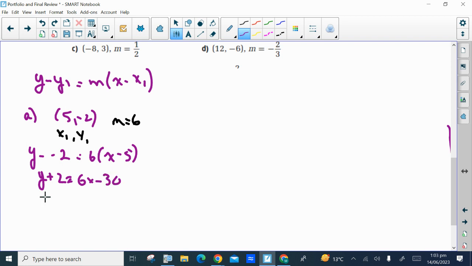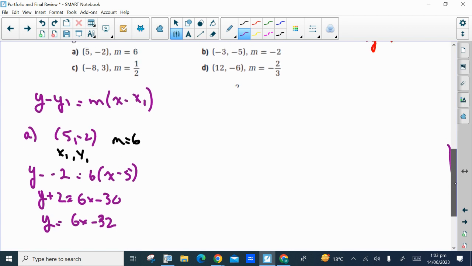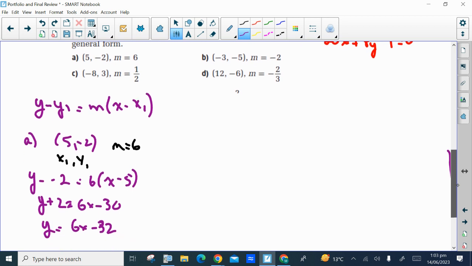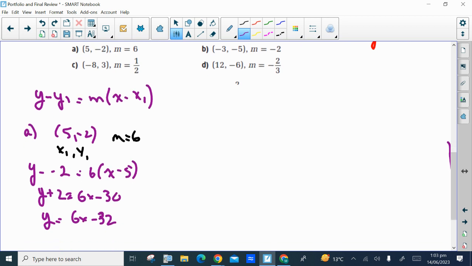Because it does ask us to write in slope-intercept form, which is y equals mx plus b. To do that, you'd have to subtract the 2 from both sides. So it'll give you 6x minus 32. So that's question A written in slope-intercept form. Question B. You've got the point -3, -5. Again, that's our values of x1 and y1.